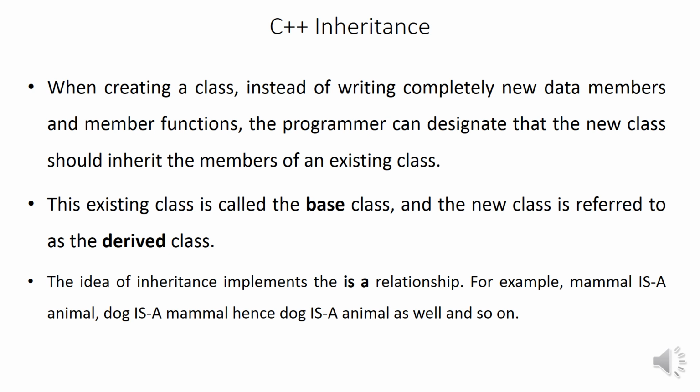Mammal is an animal. Dog is an animal. For example, a dog is a mammal. Cat is an animal also. So hence, dog is an animal as well, and cat is an animal, and so on. This is the relationship, the is-a relationship.